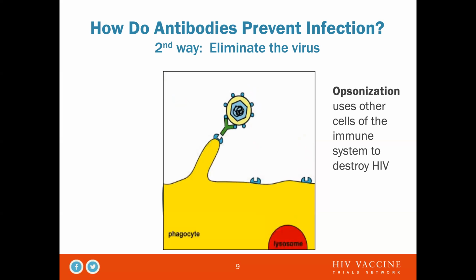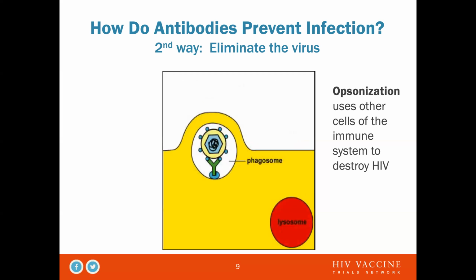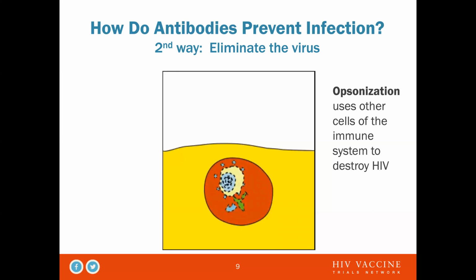Think of the binding antibody as butter, which attaches to the toast and makes it taste better, making it more desirable. Now the other parts of the immune system will see this buttered toast and think, wow, that looks tasty. I'm going to eat that up.